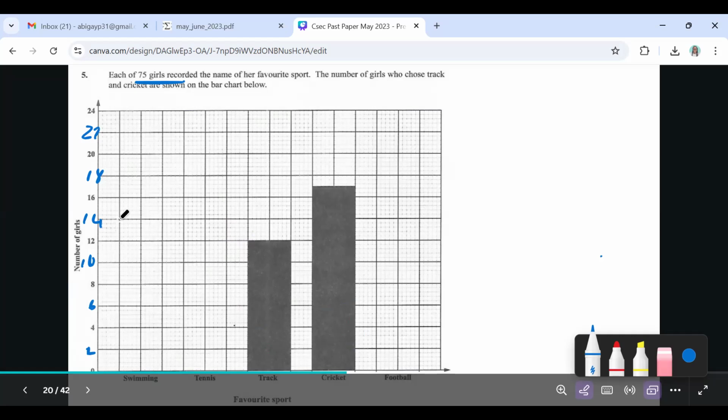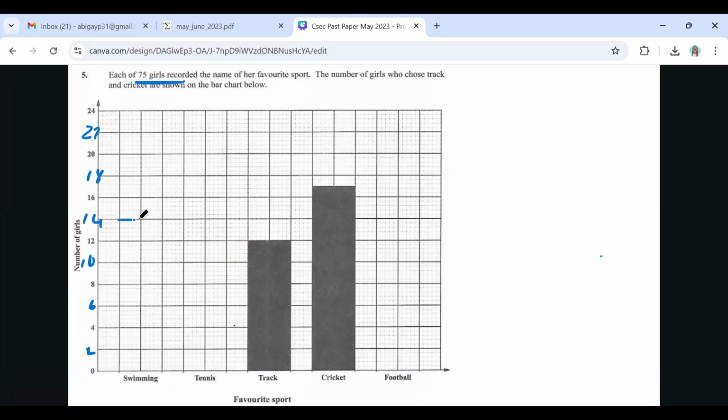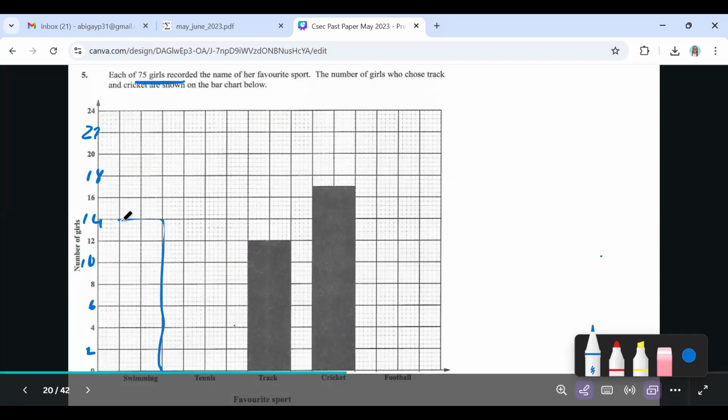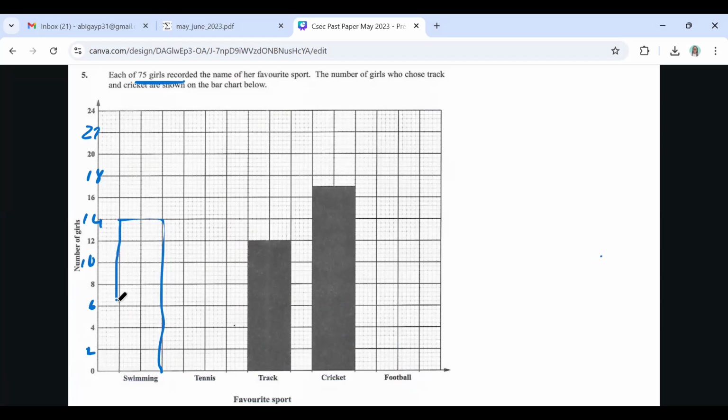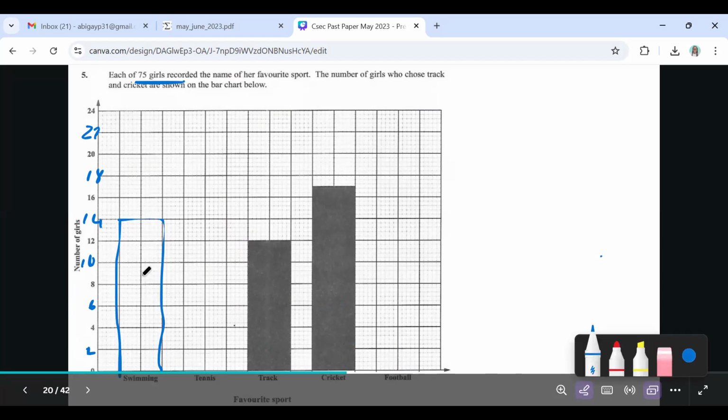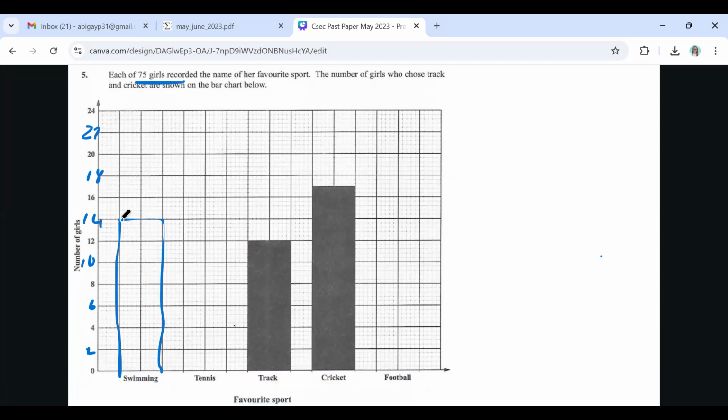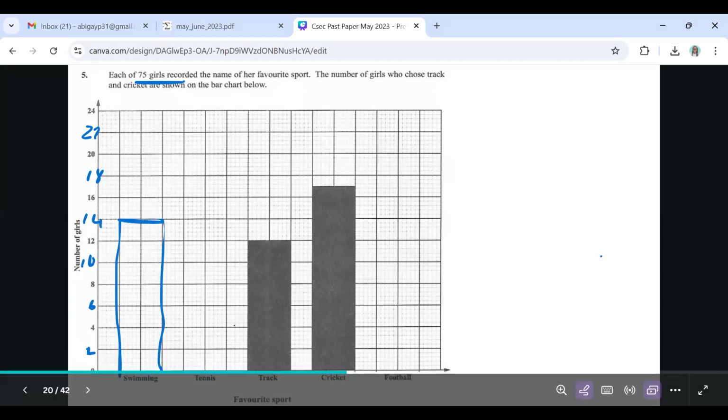So this is 14 at swimming. Go straight down. Don't mind my crooked lines; yours should be perfect. All right, so that is swimming.